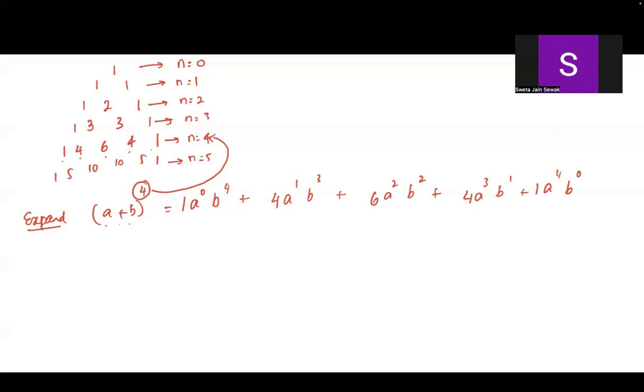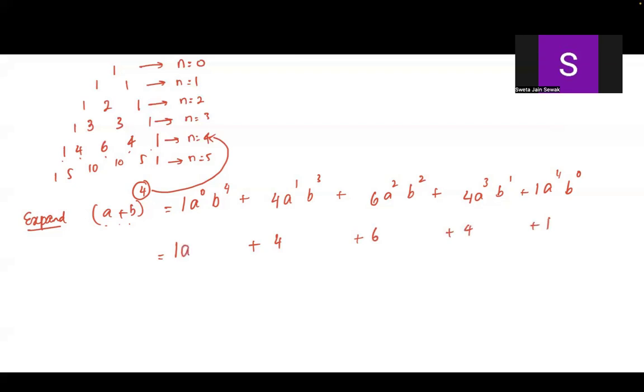Okay. We can also choose to write it by having decreasing power of a and increasing power of b. It will actually be the same thing still. So let's put all the coefficients in place. 1, 4, 6, 4, 1.